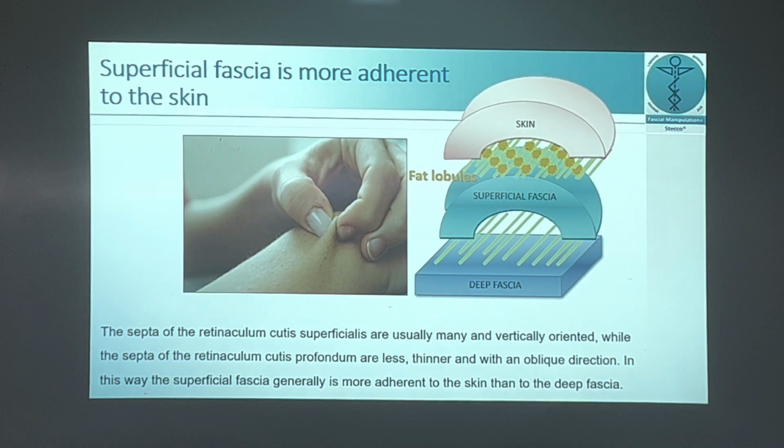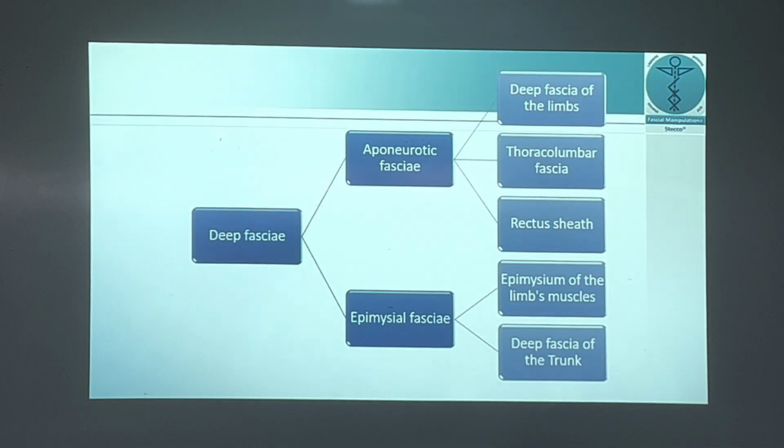All right, so let's go a little bit with the deep, and then we want to move to the other room. So what we're going to talk about today: deep fascia, aponeurotic or epimysial. The aponeurotic is the deep fascia of the limbs: fascia lata, crural fascia, antebrachial fascia, brachial fascia, thoracolumbar fascia, and rectus abdominis sheath.